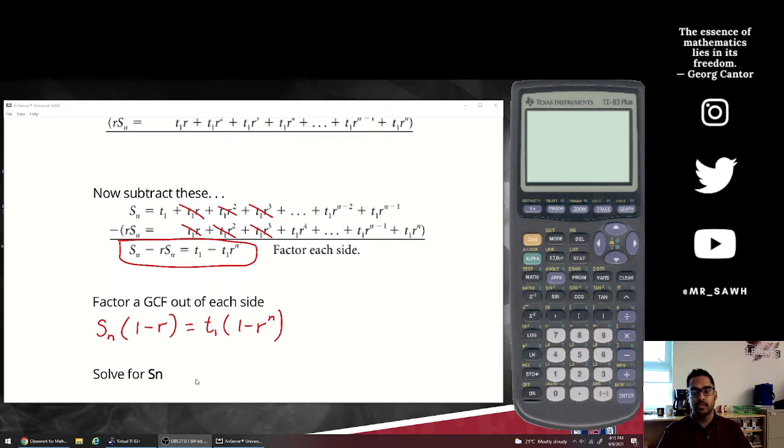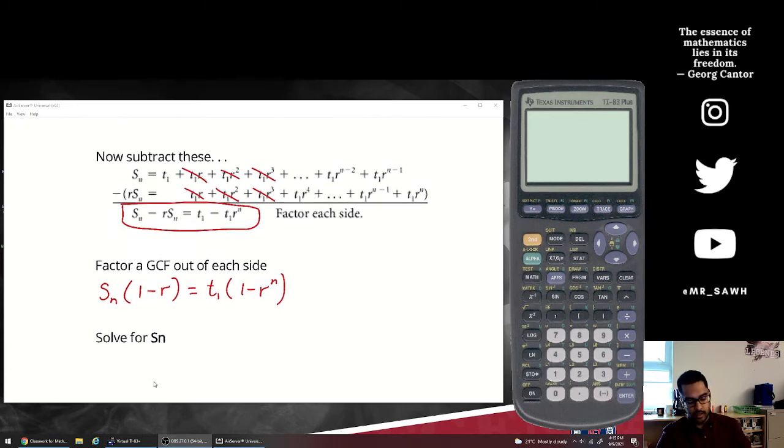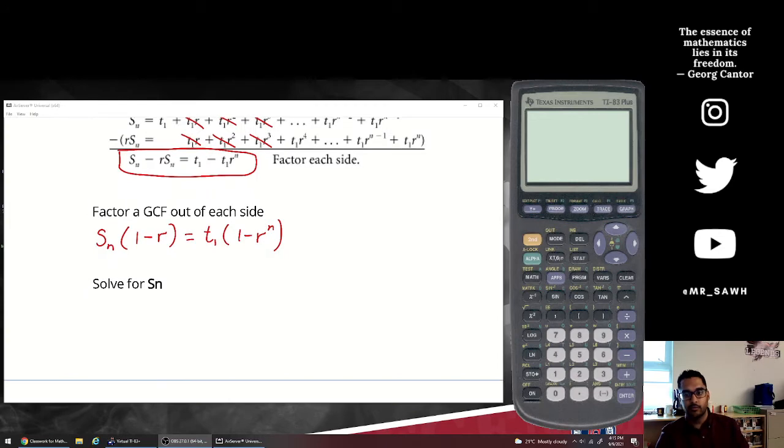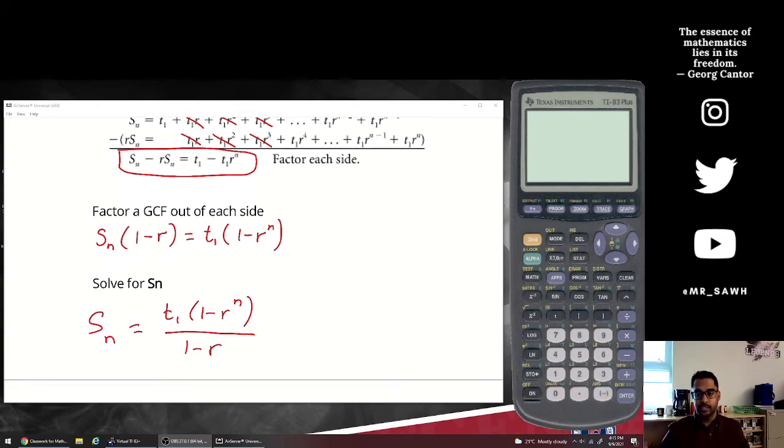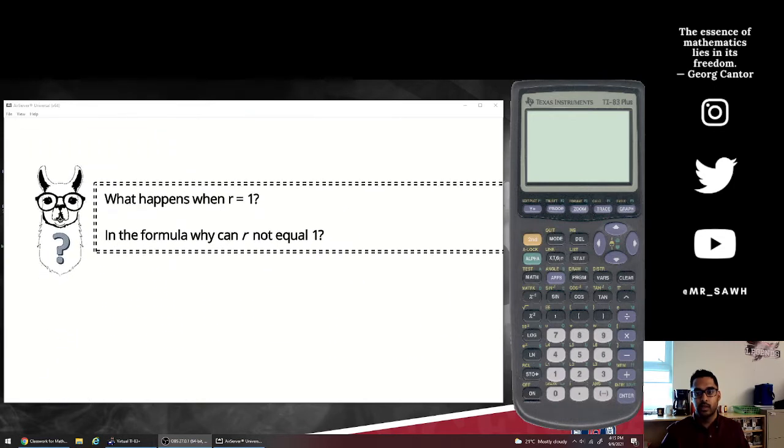If you solve this for Sn to get your sum variable by itself, you could divide both sides by that 1 minus r, so that Sn is equal to t1 times (1 minus r to the power of n), whole thing divided by 1 minus r. And that is a formula you can use for a geometric series to find the sum of the first n terms. It will work for any geometric series that you may encounter.